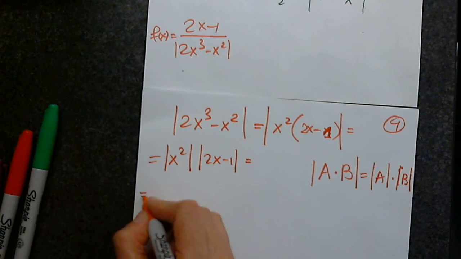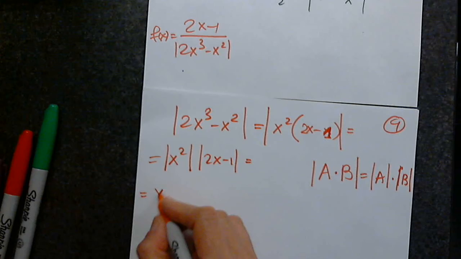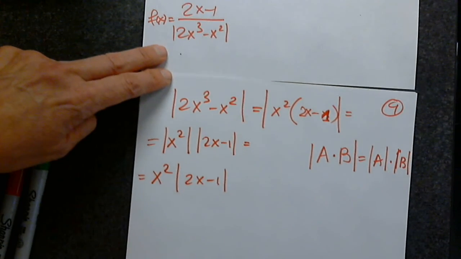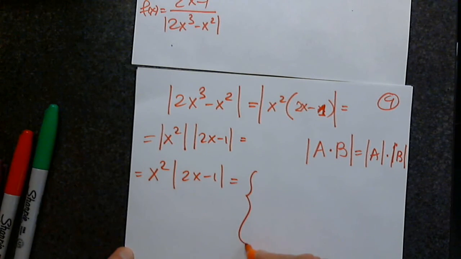Does the absolute value make any difference on x squared? No. So now, for x squared times the absolute value of 2x minus 1, there are two possibilities.